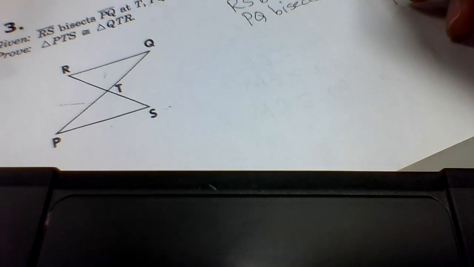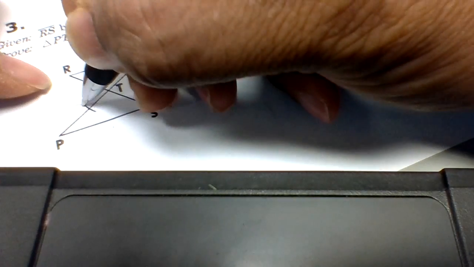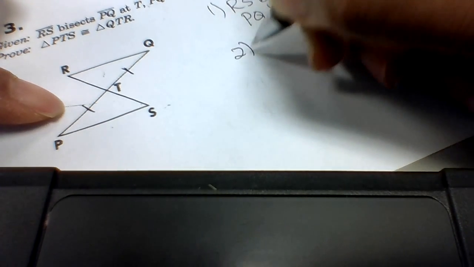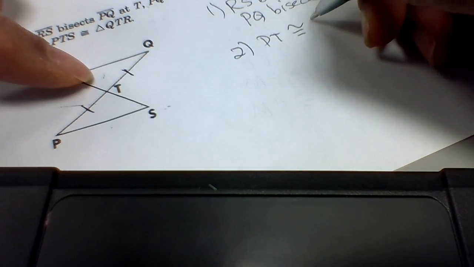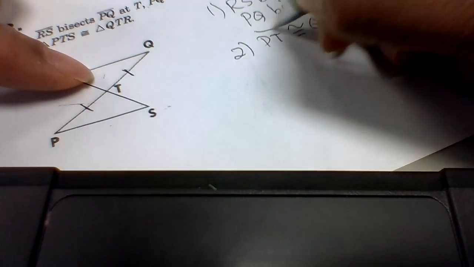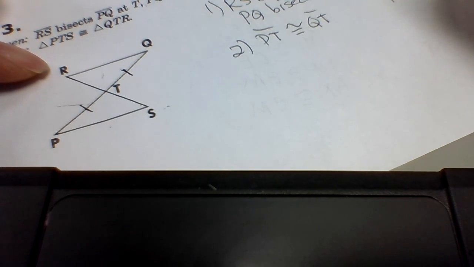RS bisects PQ at T. So the line segment RS is going to bisect PQ. So that means it cuts it into two equal parts. So what are those two equal parts? It's going to be PT is going to be congruent to QT. And the reason, definition of a bisector.